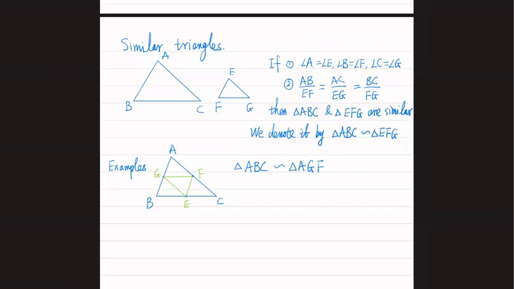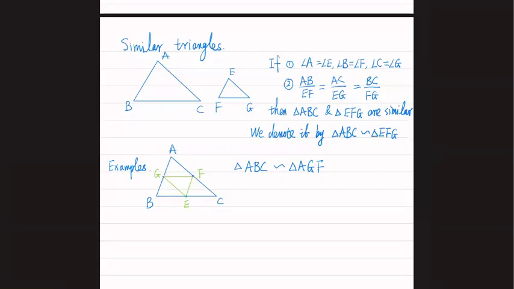Kira, what do you think? How do you justify the... if you prove that the sides are proportional and then GF is parallel to BC. Okay, so basically if you prove that G and F are both midpoints of AB and AC.